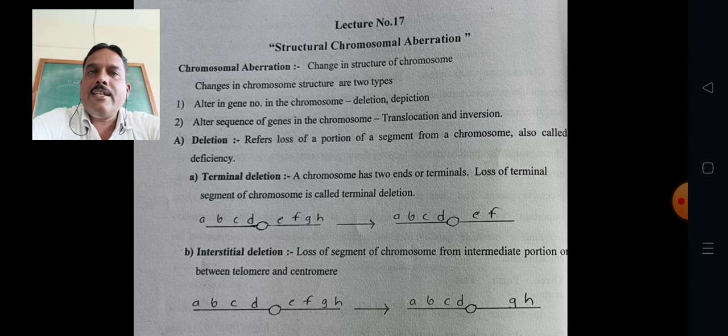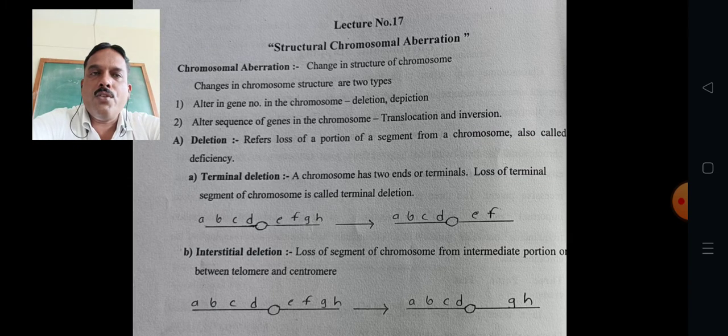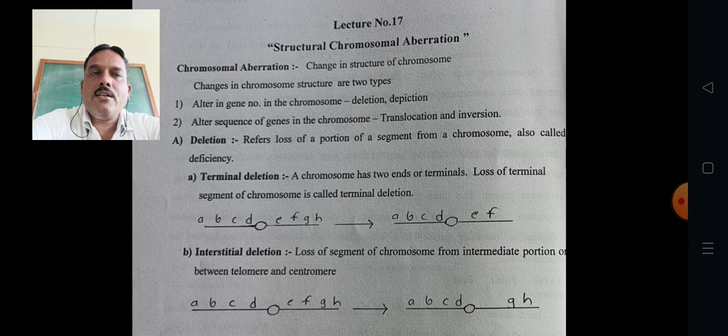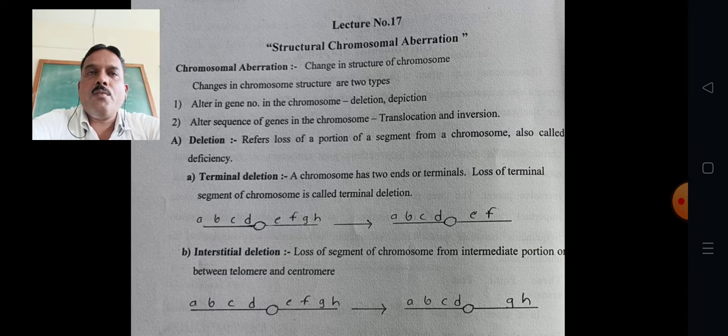In interstitial deletion, the intermediate portion, the portion between the centromere and telomere, is lost. So the condition will be A, B, C, D, E, F, G, H. We can observe the figure: A, B, C, D, and here the E, F segment is lost, that is, the intermediate portion is lost. Because of that it is called interstitial deletion.